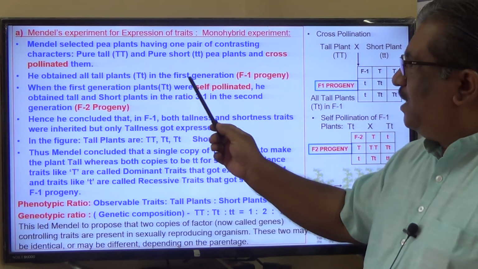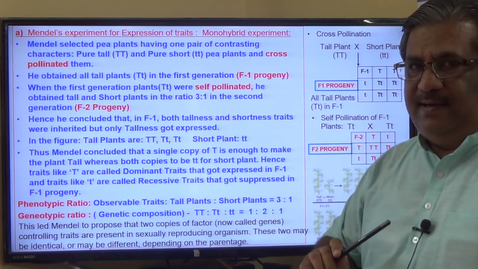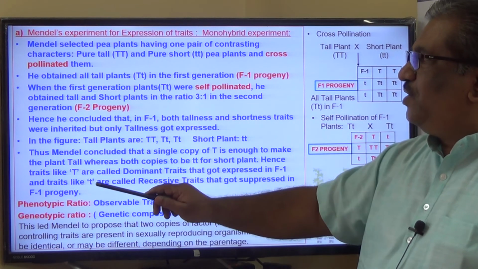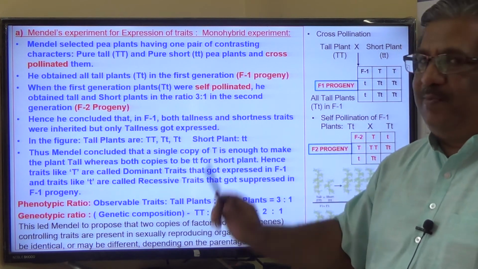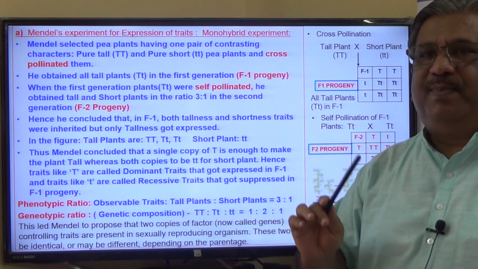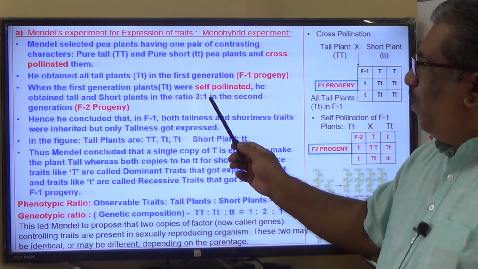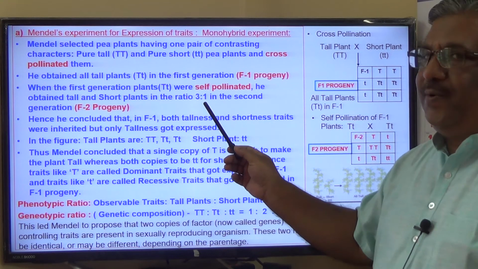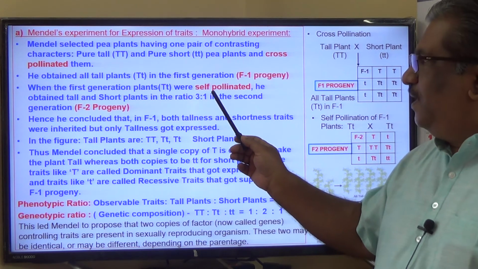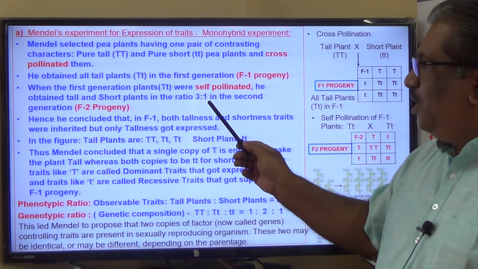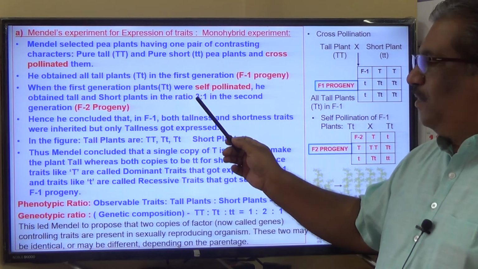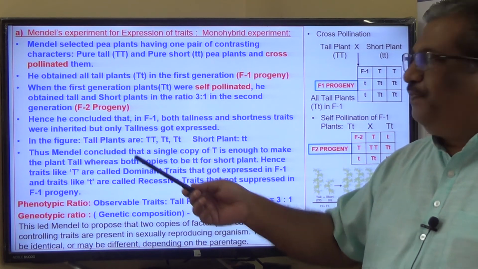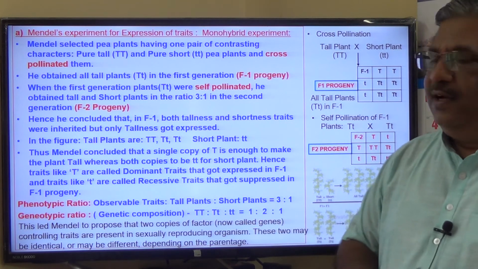When the tall plants were self-pollinated, in the second generation he obtained a mixture of both tall and short plants, but in one particular ratio. One quarter, or 25%, of the total plants produced in the F2 generation were short plants, whereas 3/4, or 75%, of the plants were tall plants.